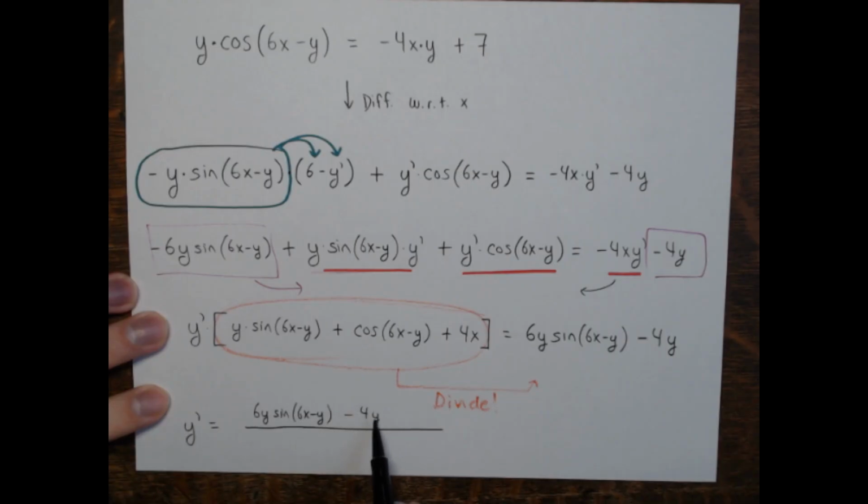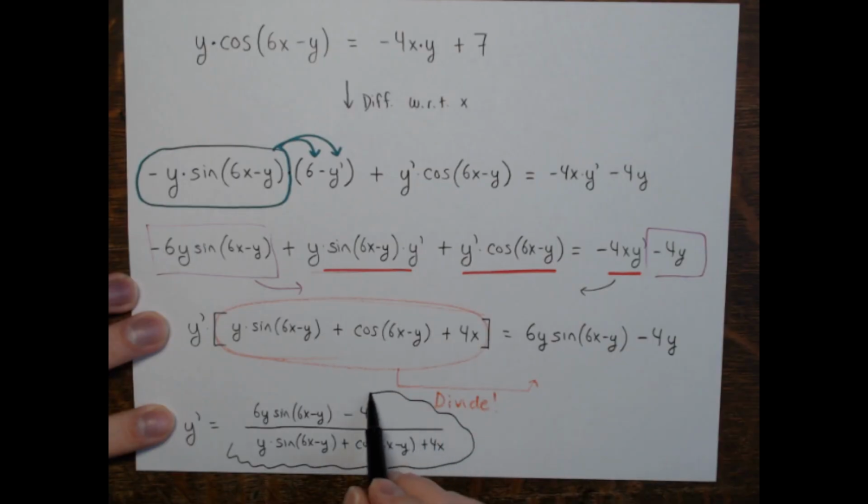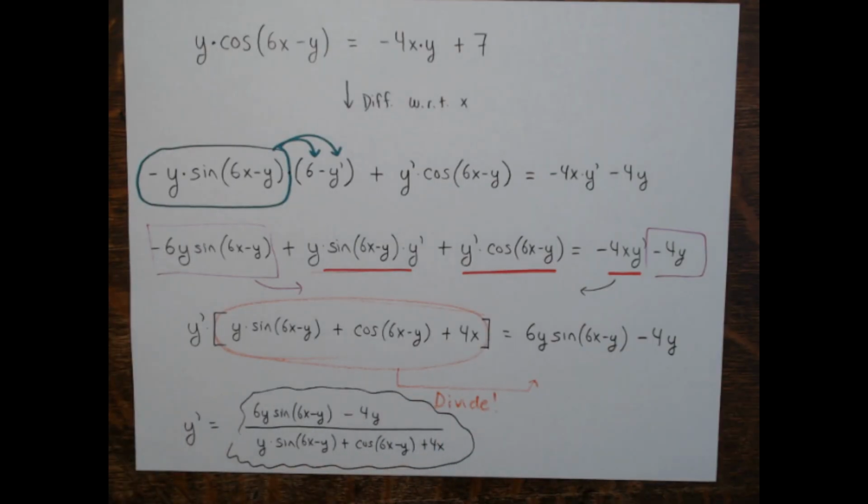This was the right side. And in the denominator, all the stuff left over when I factored y prime out: y times the sine of 6x minus y, plus the cosine of 6x minus y, and then plus 4x. This is what I'm going to be typing in. It doesn't really simplify in any other way I see.